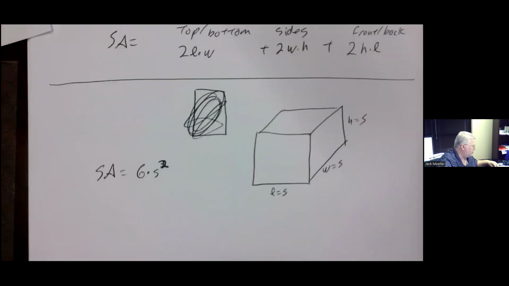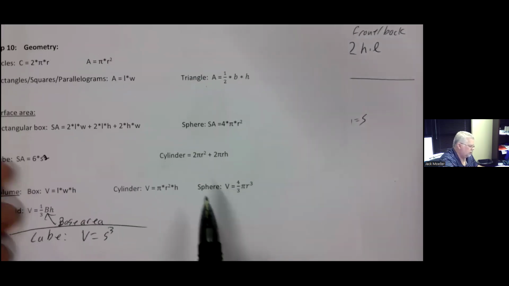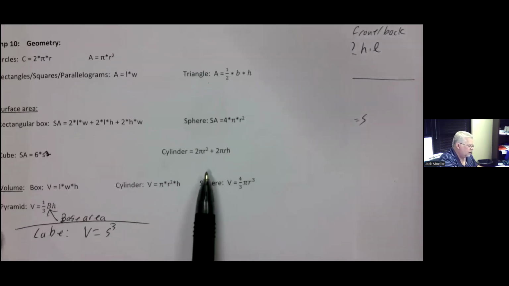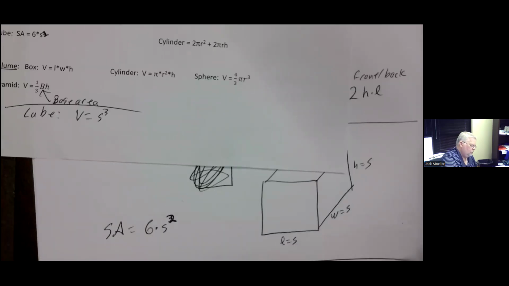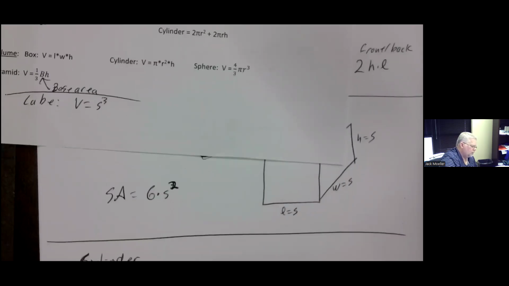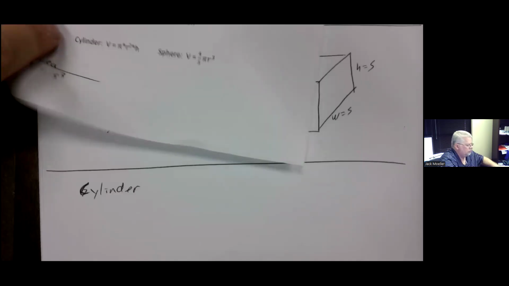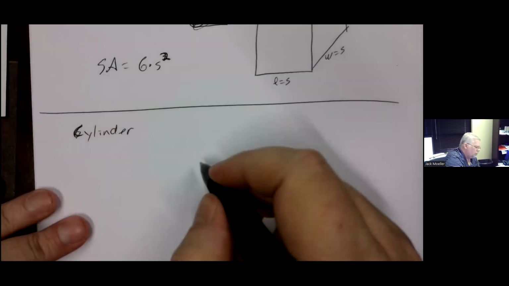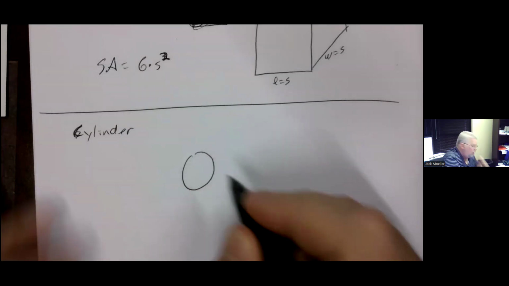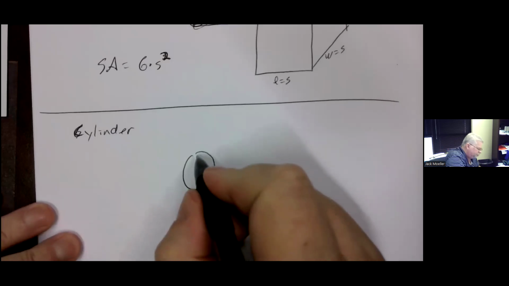All right. So the other fun one, I think, that I can explain without calculus is the cylinder. Let's see, I've drawn most of my cylinders up and down, so let's draw one sideways just for fun.